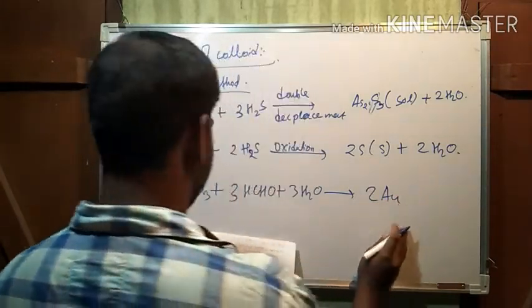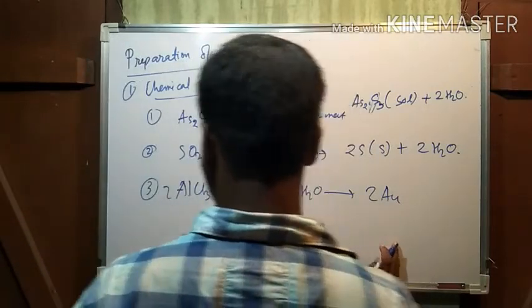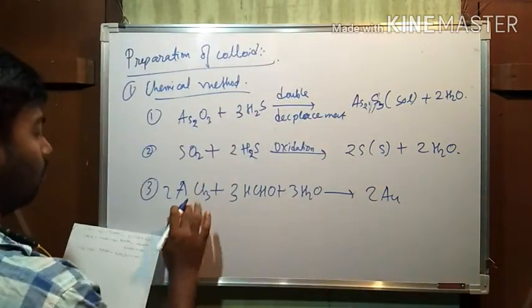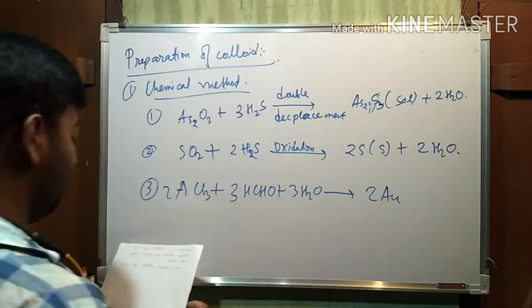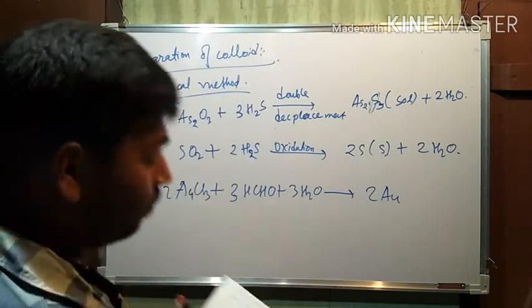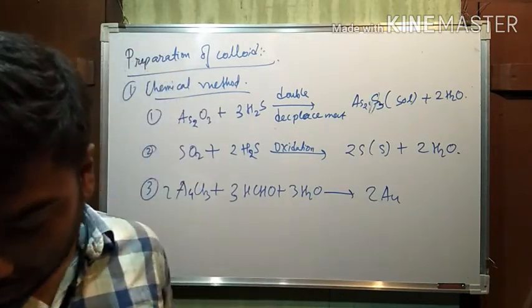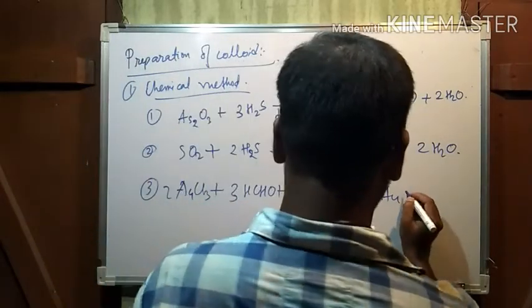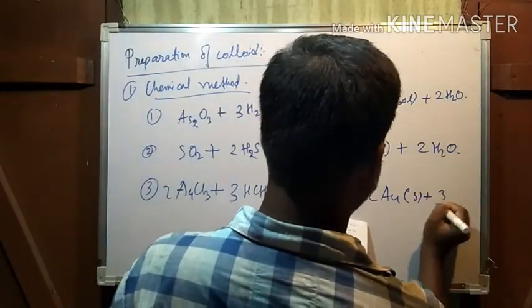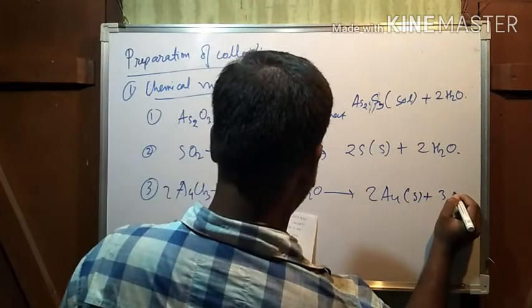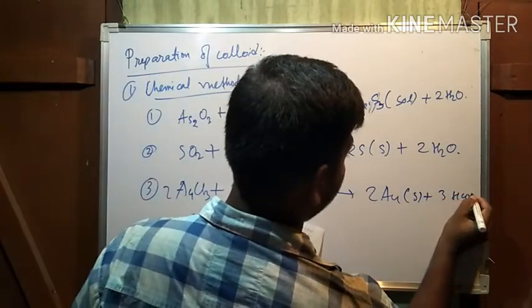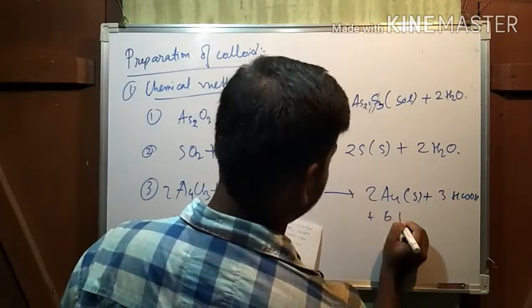gold. So this one is gold chloride. Gold is produced, plus 3 moles of formic acid plus 6 moles of HCl.